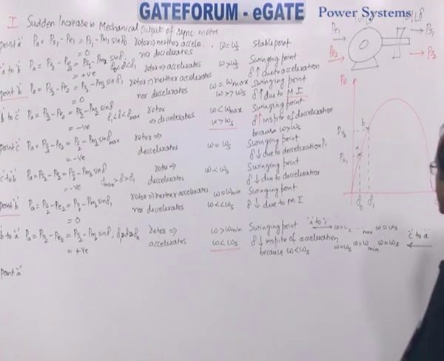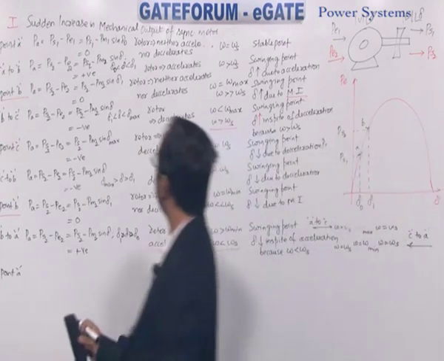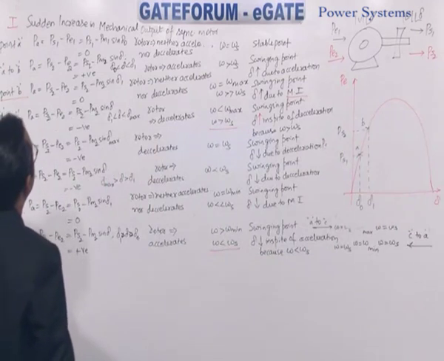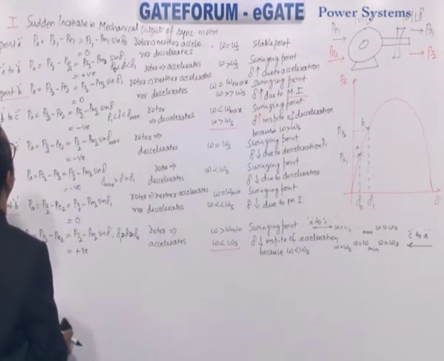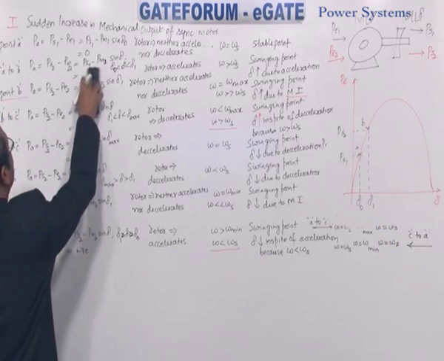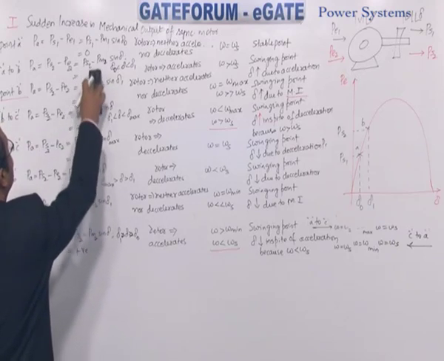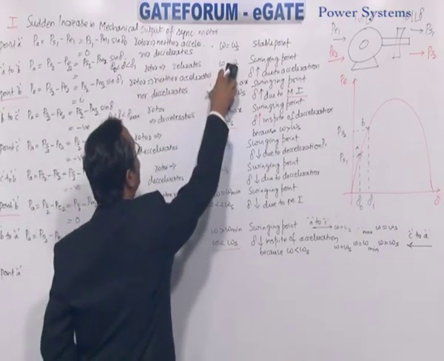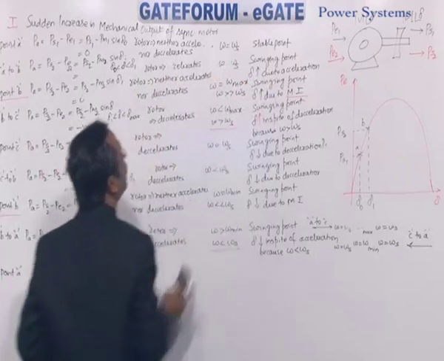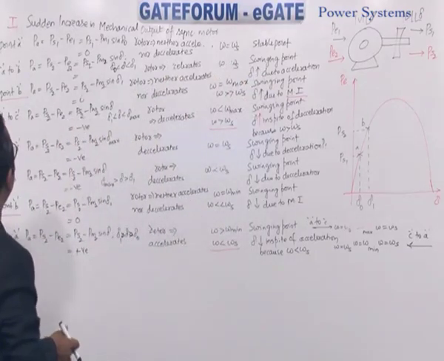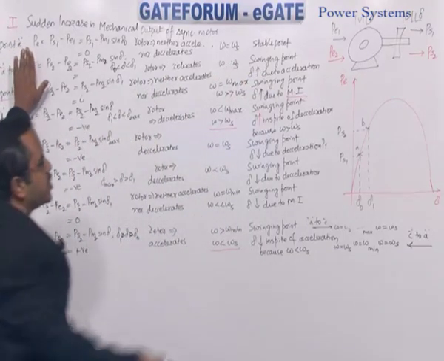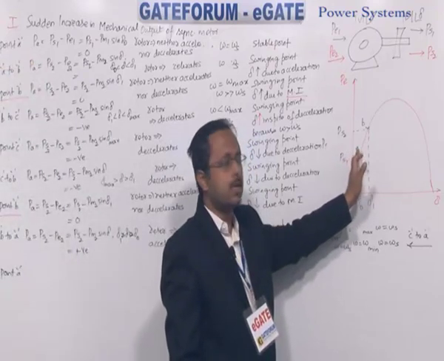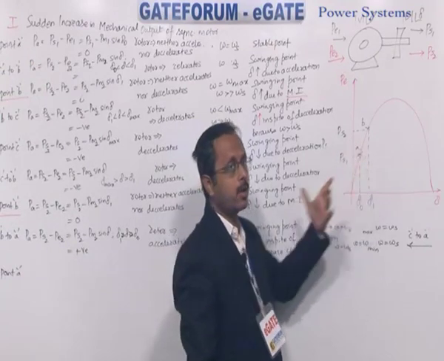So this analysis again we redo now. First check the operating point A. At this point A, mechanical output is the same as electrical input.